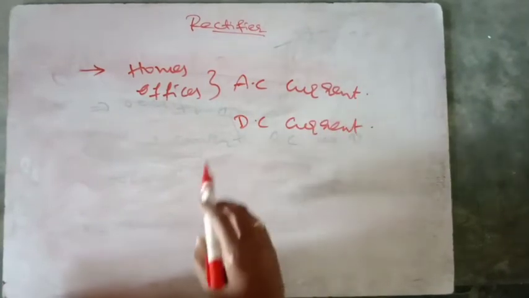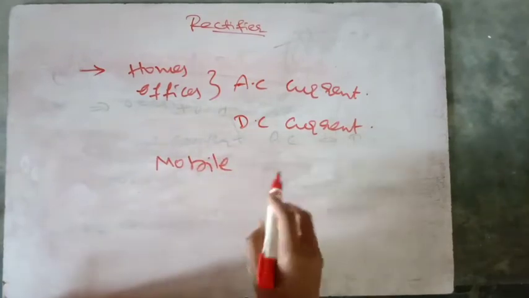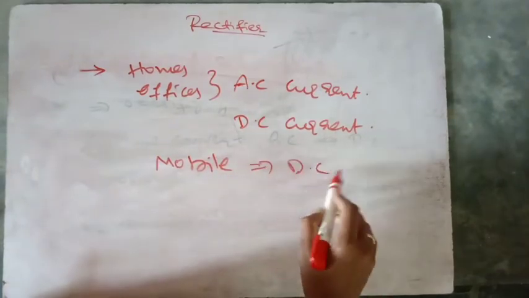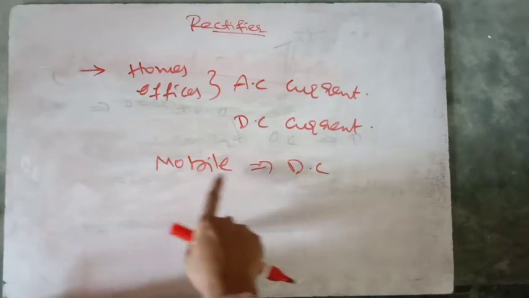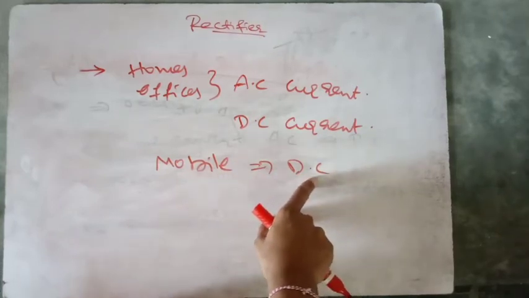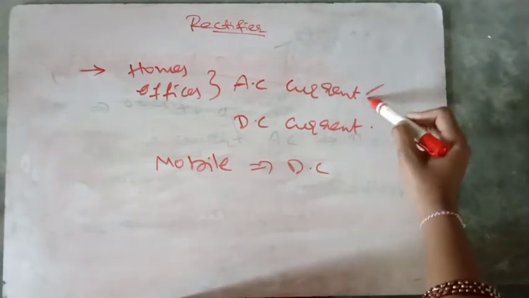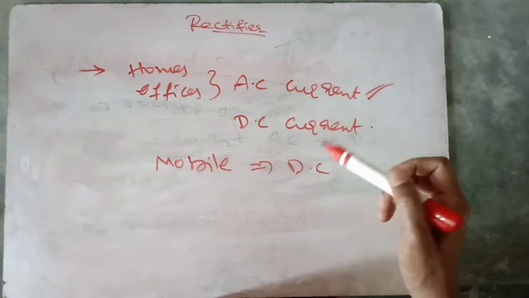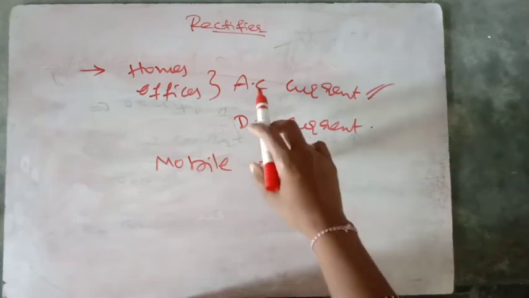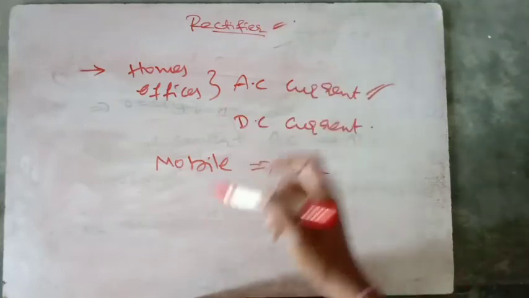For example, for charging a mobile we use DC current. The mobile input is DC current, but the incoming current to our homes or offices is AC current. So for this purpose, we are converting AC current to DC current using rectifiers.